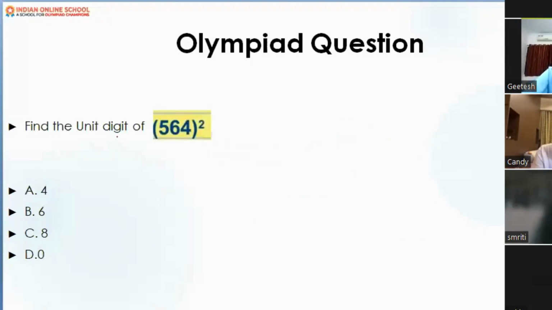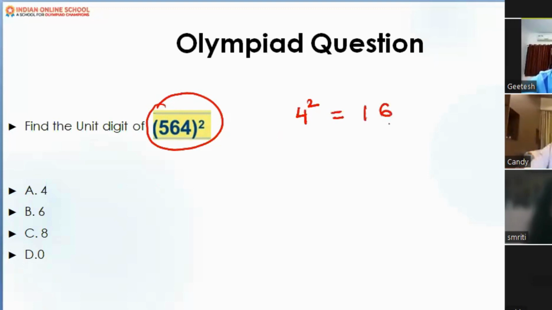Now just tell me, what is the unit digit of the square of 564? Ma'am, it would be 8, option C. No, it can't be 8. What we have learned, what is the square of 4? It's 16.